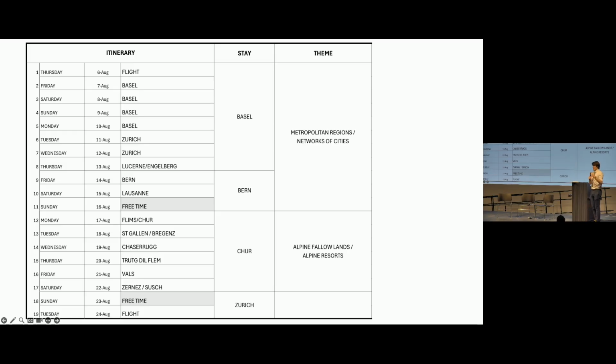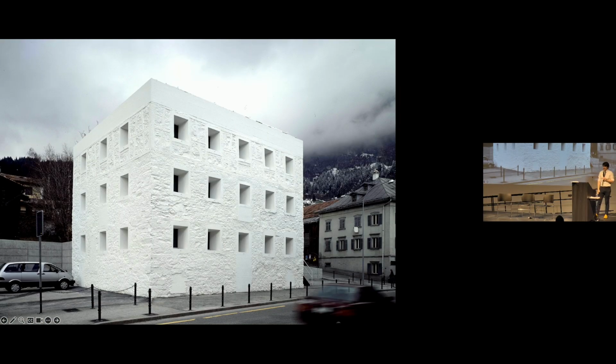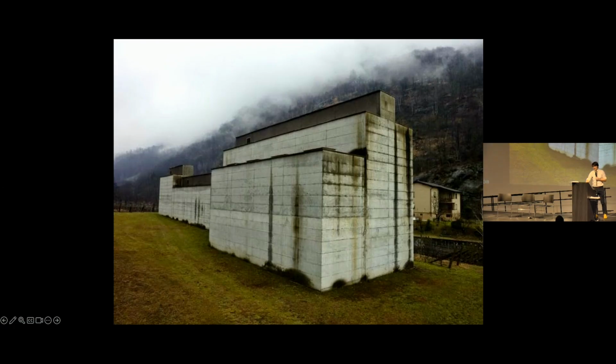This one is to look incredibly closely at works of hyper-contemporary architecture, which will include seeing works like Hortus by Herzog & de Meuron, the Yellow House by Valerio Olgiati, Peter Märkli's La Congiunta in Ticino, and Peter Zumthor's Therme Vals.